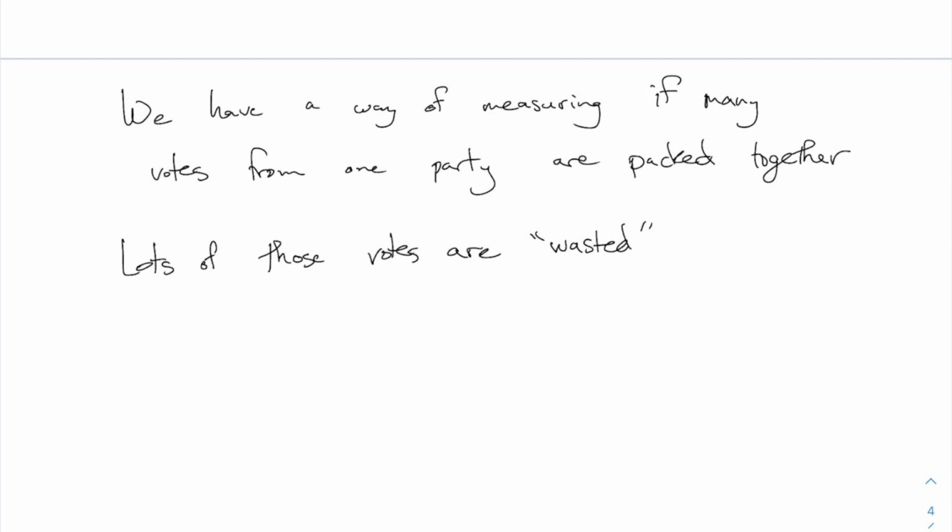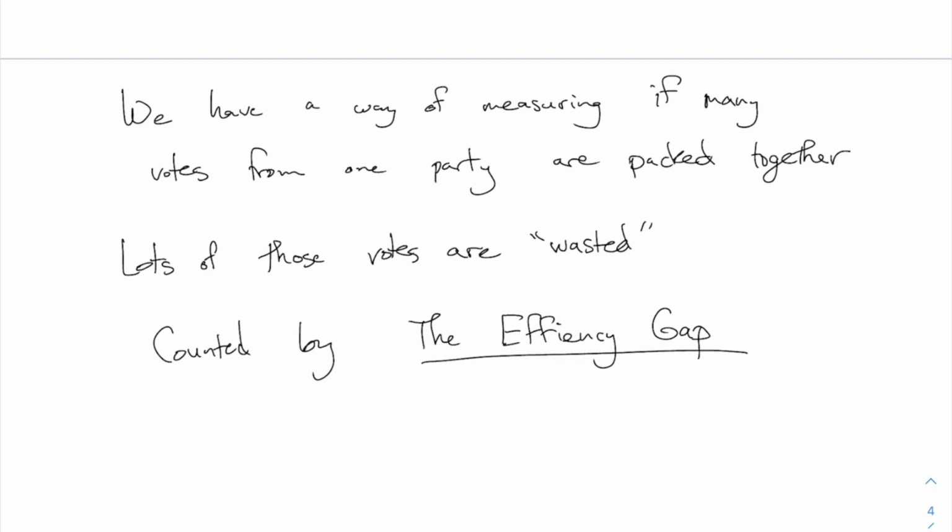The method for measuring this kind of thing is what we call the efficiency gap. The efficiency gap is a way of counting how many votes are wasted by the Republicans because they were packed, and how many votes are wasted by the Democrats because they were packed.